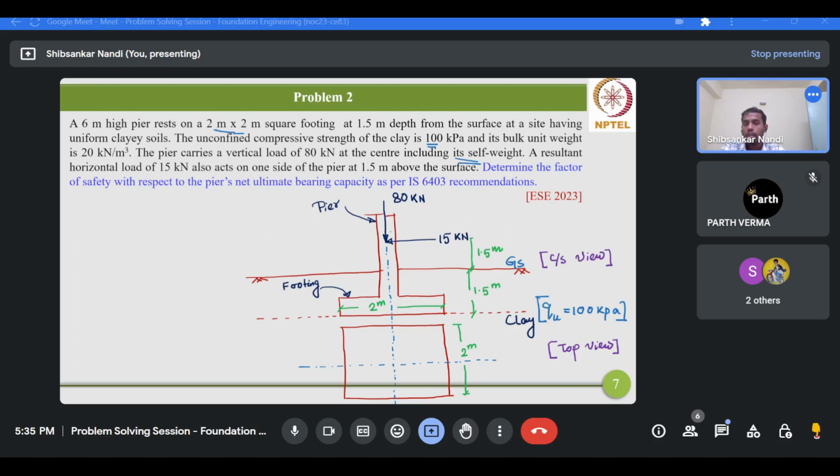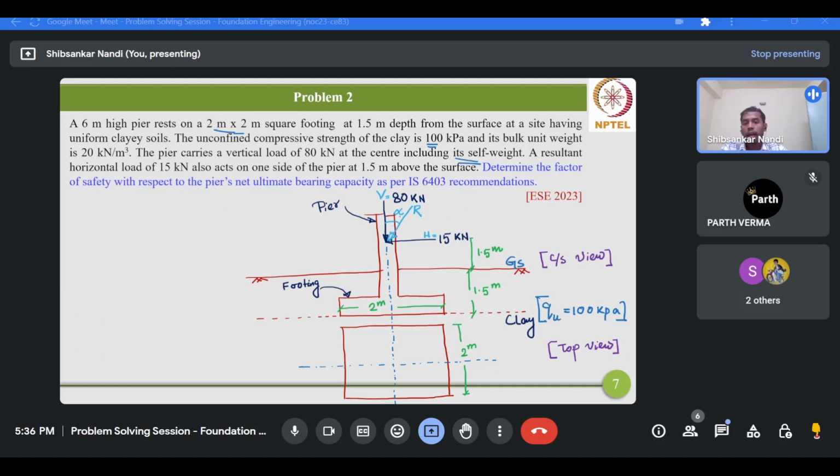Since, as you can see from this problem, there is a vertical load as well as a horizontal load, you can easily calculate the resultant of these two, and the resultant obviously will not be vertical or horizontal. So it will have some inclination from the vertical axis of the pier, or the footing.